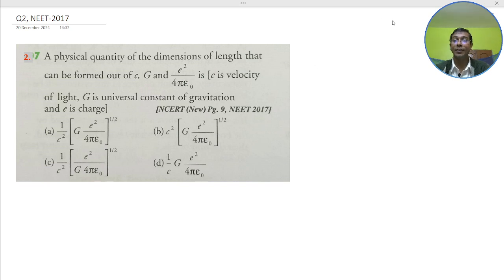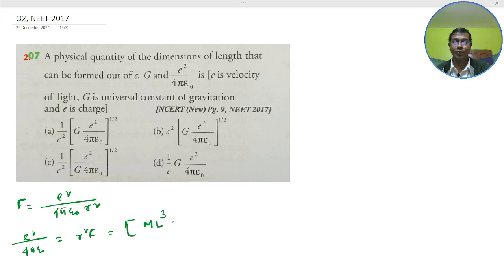For solving this we know the formula F equals e square by 4 pi epsilon naught r square. So e square by 4 pi epsilon naught is equal to r square F. So r square means length square and F means force. So dimension ML cube T to the power minus 2.